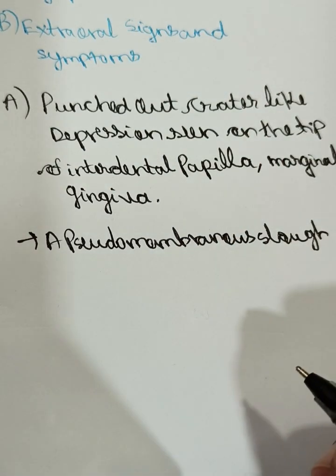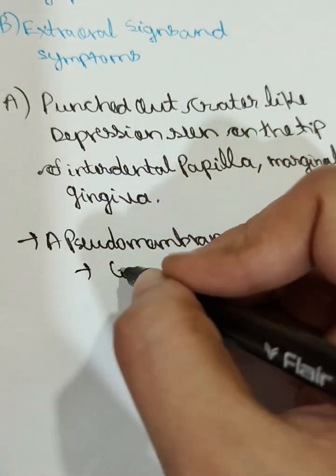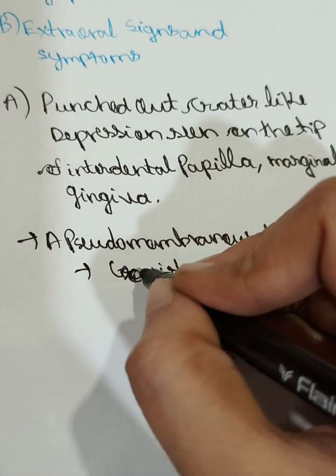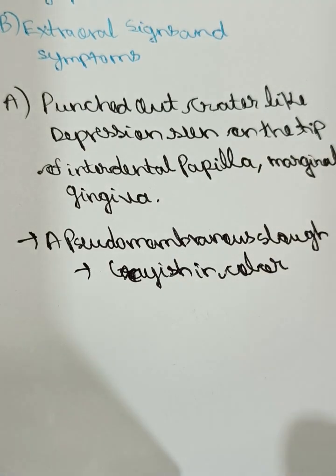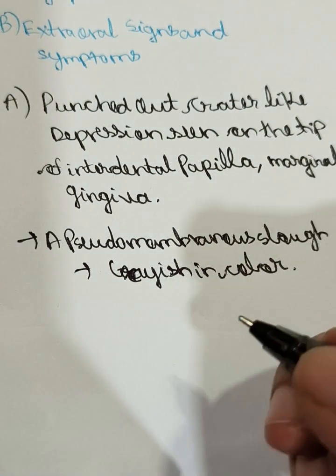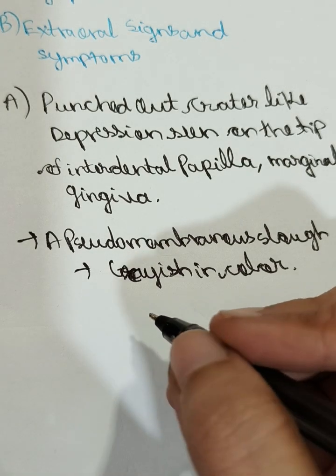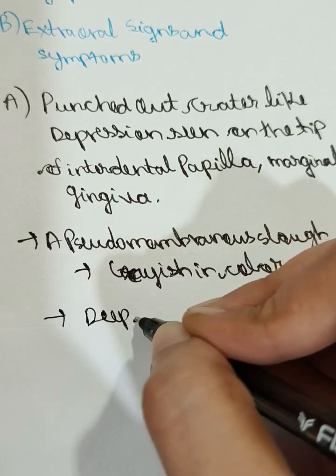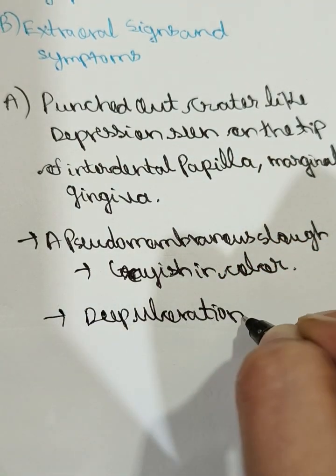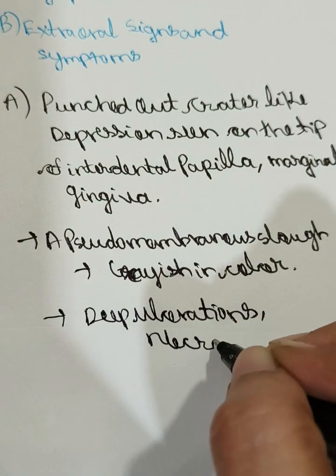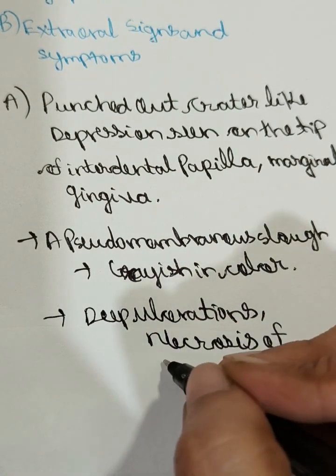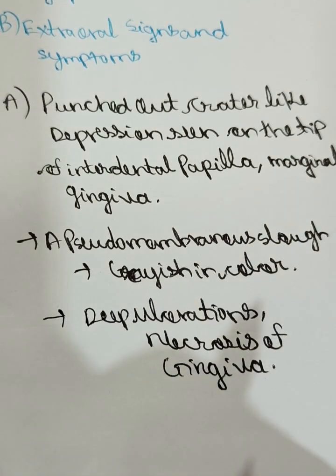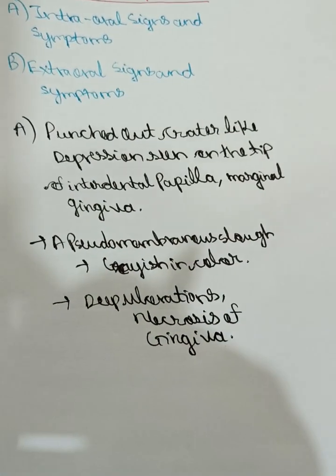The ulcerations are covered by a pseudomembranous slough that is grayish in color, and it often leads to deep ulcerations and necrosis of the gingiva. So these are the intraoral signs.